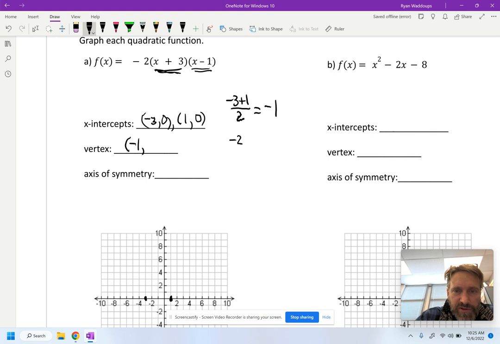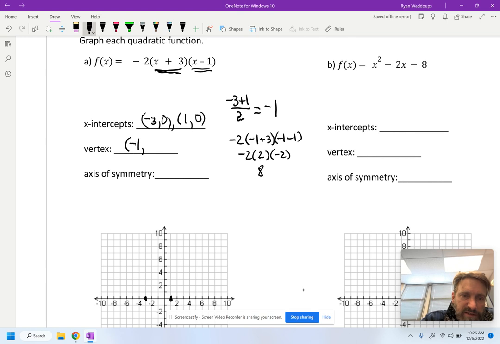So we've got negative 2 times negative 1 plus 3 times negative 1 minus 1. And that gives us negative 2 times 2 times negative 2. We've got 2 negatives, so it's going to be positive. And 2 times 2 times 2 is 8. And so our vertex is at negative 1, comma 8.